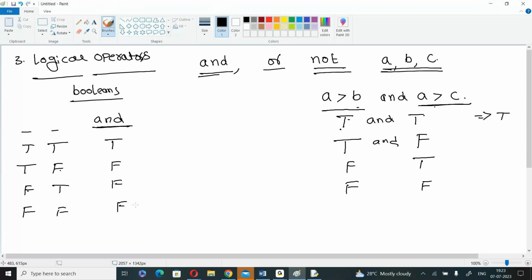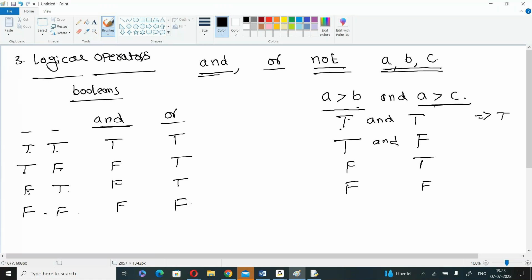Now, the OR operator. In our general meaning, if either one is true, the result is true. If at least one is true, the result is true. True, false: the answer is true. False, true: the answer is true. False, false: the answer is false.